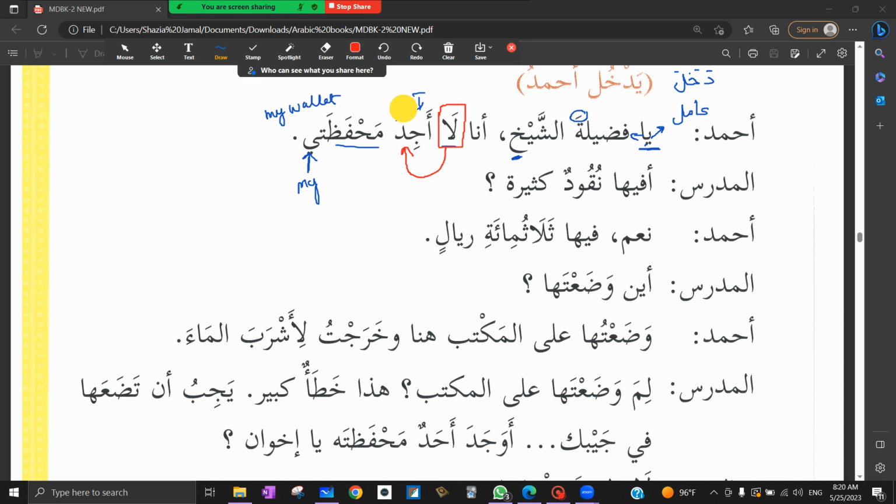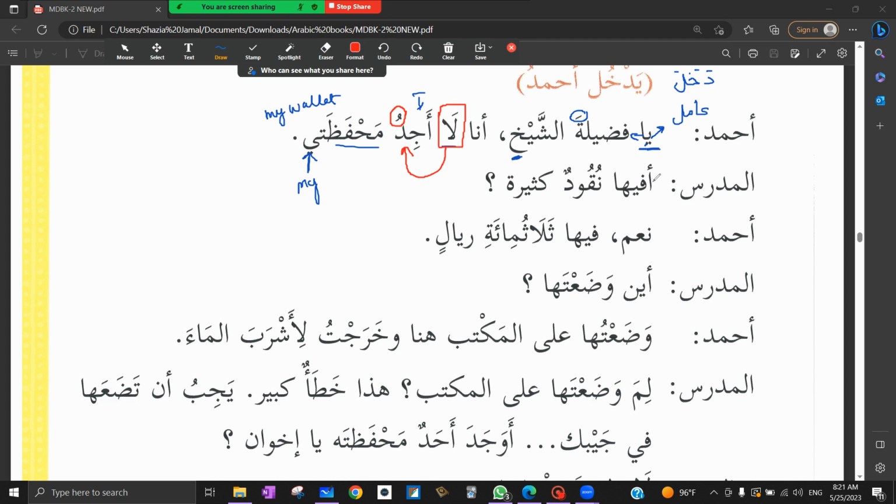No changes. You can see the dhamma on the last letter. But if it would have been a negative command, don't do it, then what would be the haraka on the verb? The haraka on the verb would be sukoon, jazm. It would go into jazm case. So here there is no need to put the sukoon because this is a negative statement.